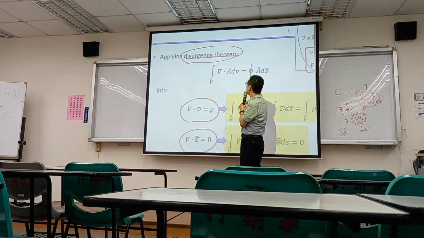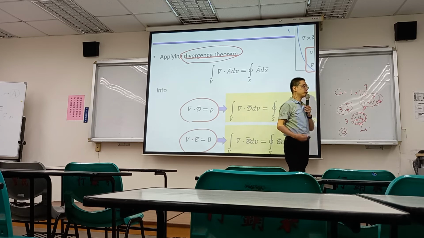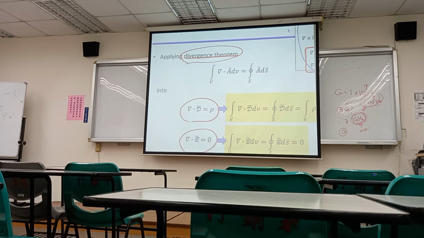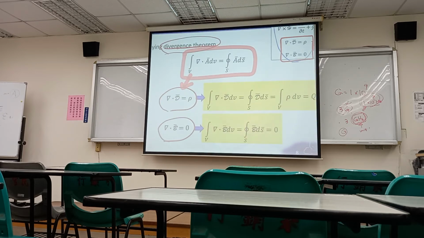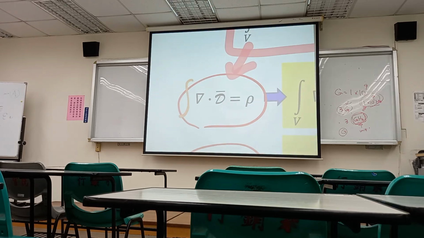OK, so we apply this one to here. What can we do? Maybe I want to ask you a question later because they are very similar. If I want to apply this one to here, I have this one. So what I'm doing is I try to integrate over the volume individually.